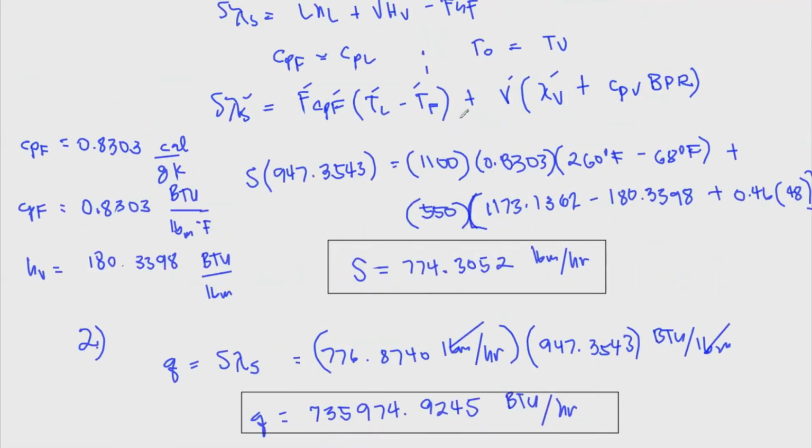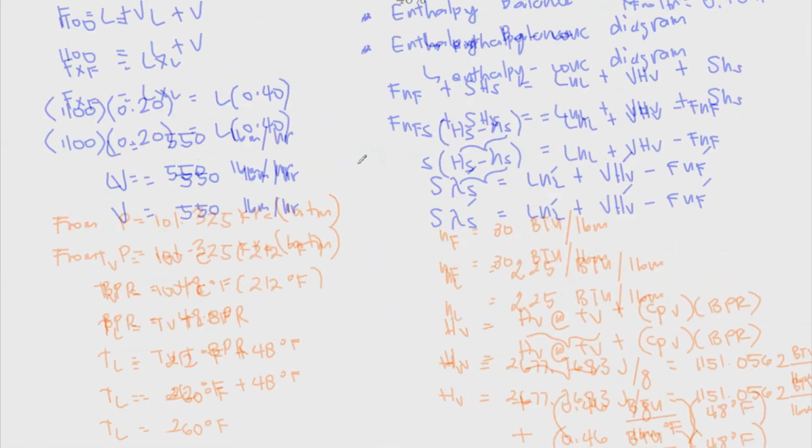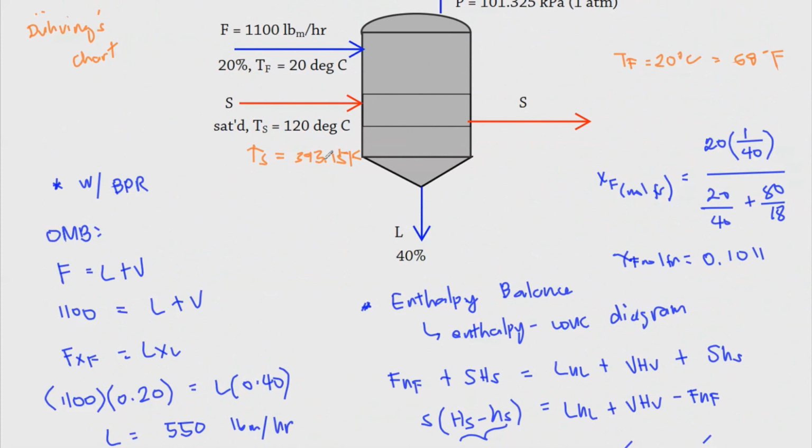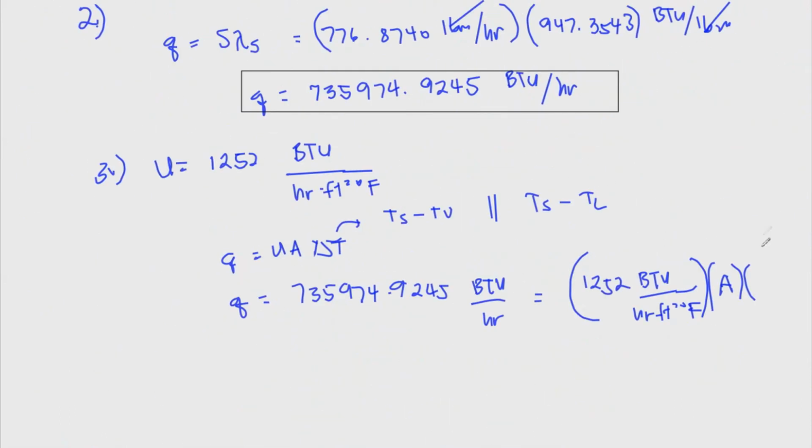So the steam is actually fed at a temperature of 120 degrees Celsius. In degrees Fahrenheit, this 120 degrees Celsius is equal to 248 degrees Fahrenheit. So we have 248 right here. So we get 248, and then we subtract this by TL, which is actually 260 degrees Fahrenheit.